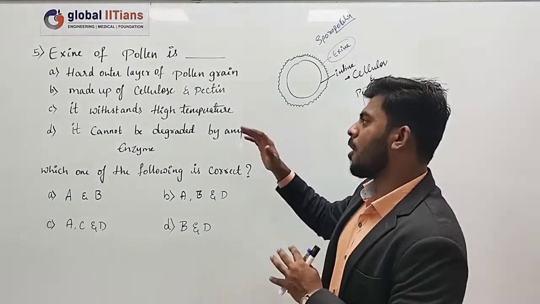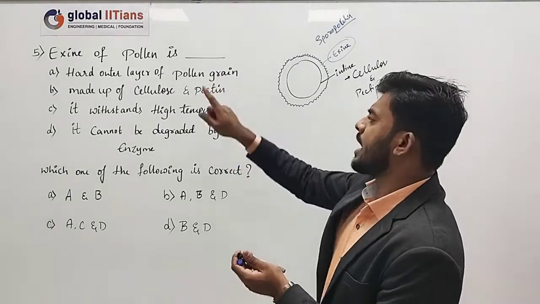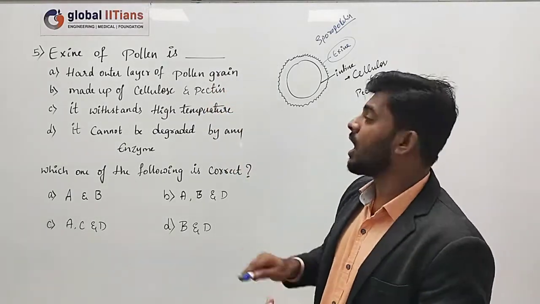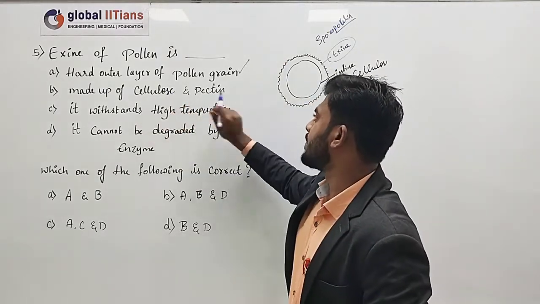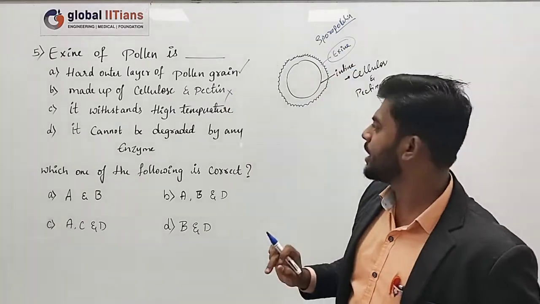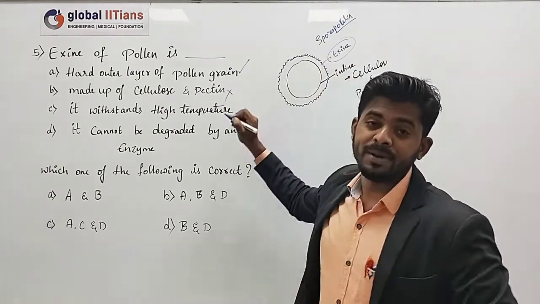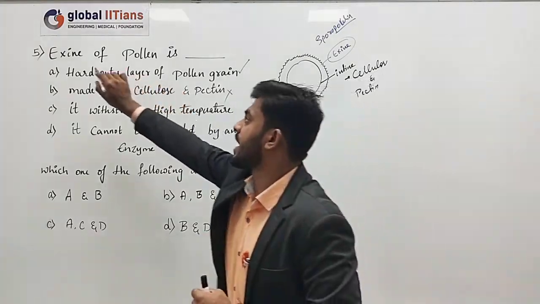Now, looking into the options of the given statements, we got to know that the enzyme is the hardest outer covering. So this statement is correct. It is made up of cellulose and pectin. This statement is wrong because the enzyme is made up of sporopollenin. And next, it withstands high temperature. Yes, the pollen grain withstands high temperature because of the enzyme.